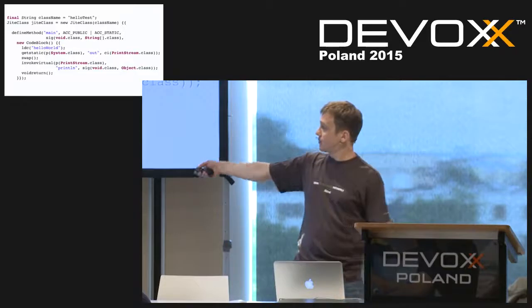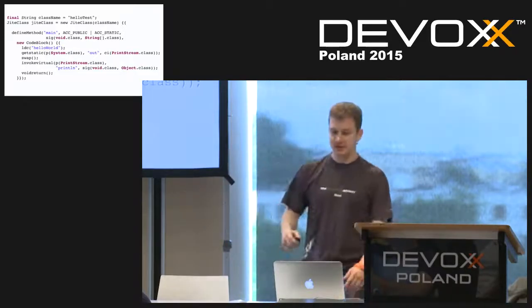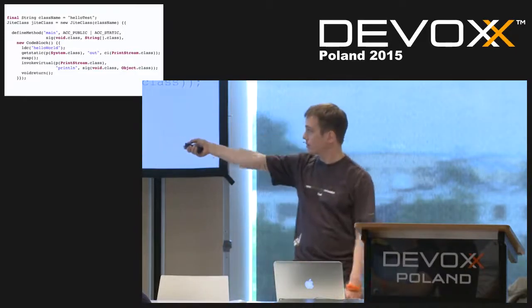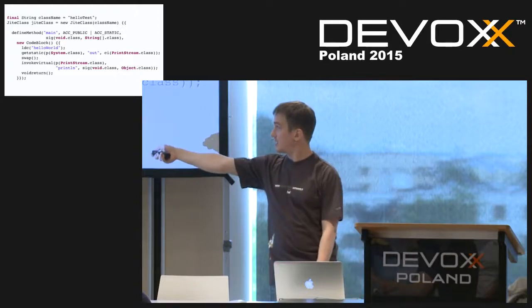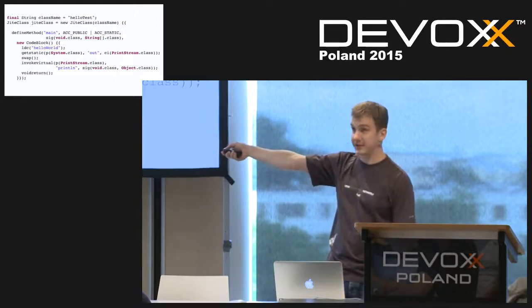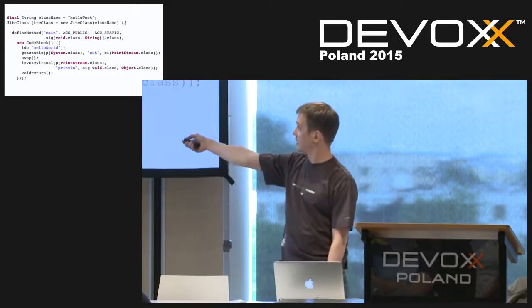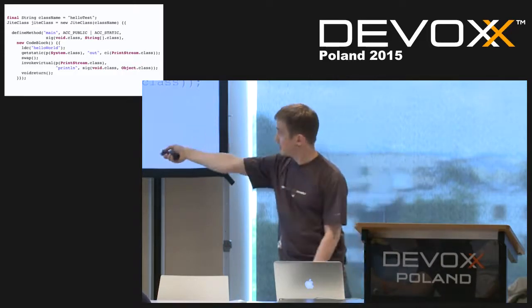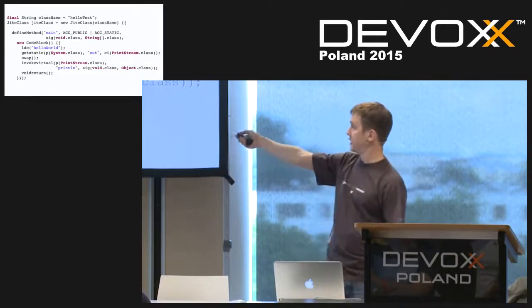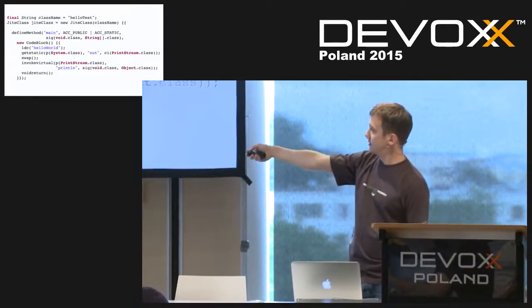And the code block that describes the body of this method is: please load constant "Hello World". Then getstatic, which is a bytecode instruction for getting fields, right? Getstatic called out on the System class, and we expect that to be a PrintStream. Then you do a swap.